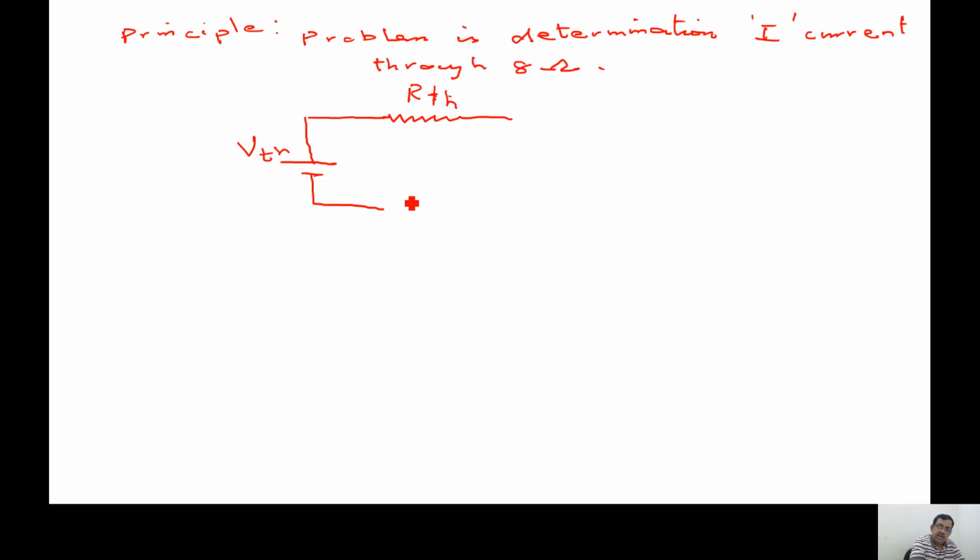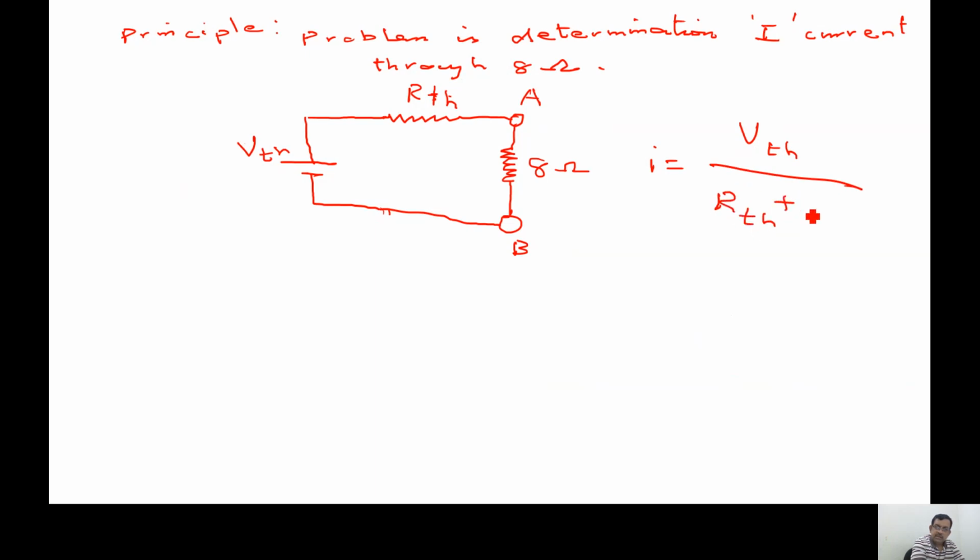And then I have the terminal AB, and I know the resistor across AB, that is my 8 ohm. Therefore, the current is simply given by VTH divided by RTH plus 8 ohm in this case.